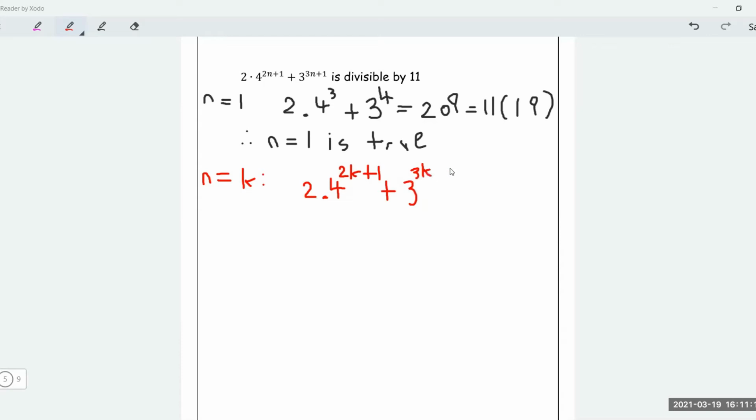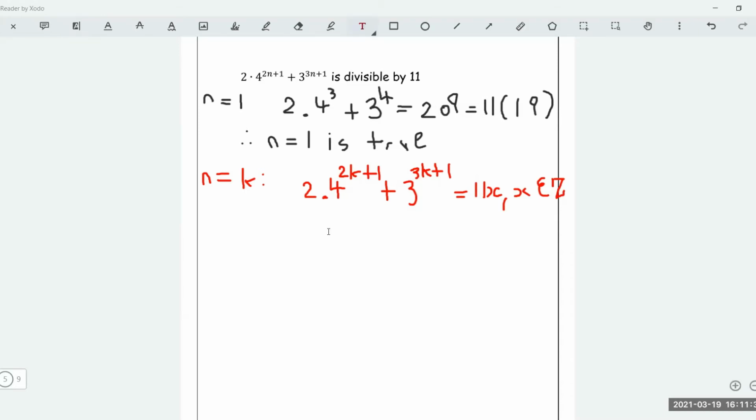That's what we have, and this is supposed to equal 11 times some number x, where x is an integer, some positive integer. All right, and we're gonna assume that this is true. That's the most important thing. We assume true.